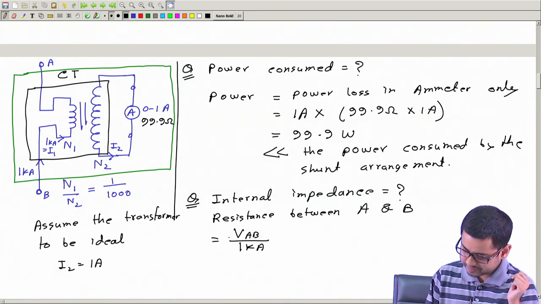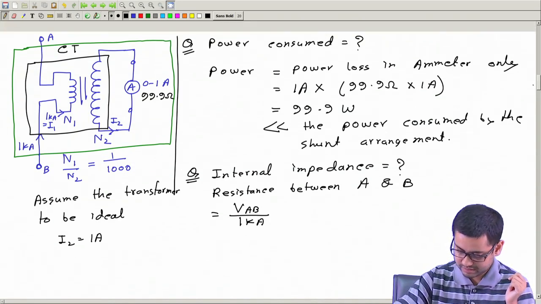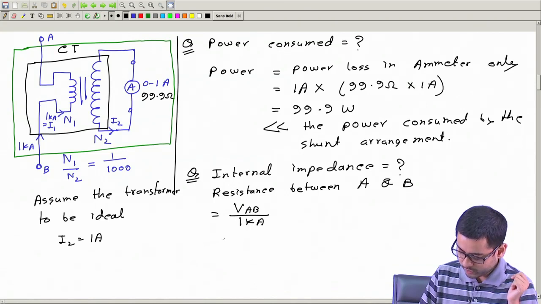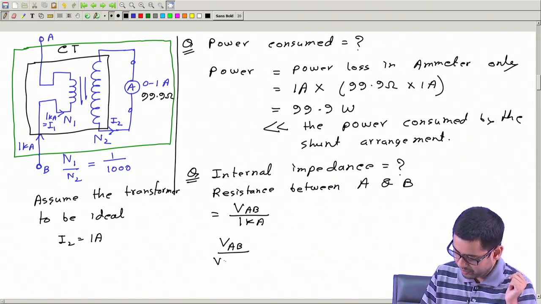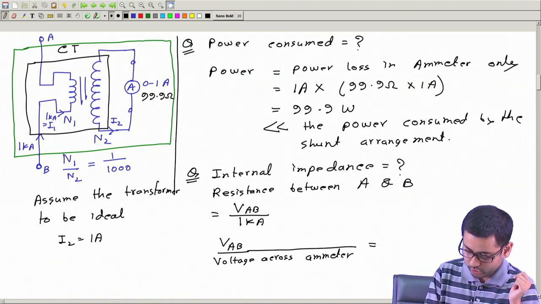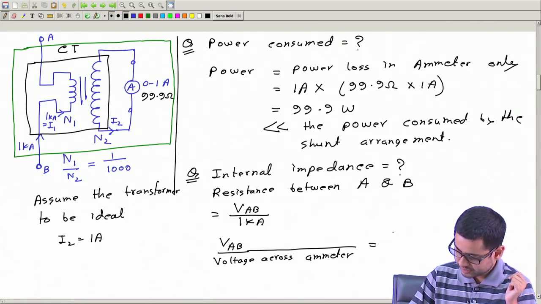Now how much is VAB? Let's find VAB. To find VAB, let us first find the voltage across the ammeter. VAB divided by the voltage across the ammeter is equal to N1 by N2, which is 1 over 1000.